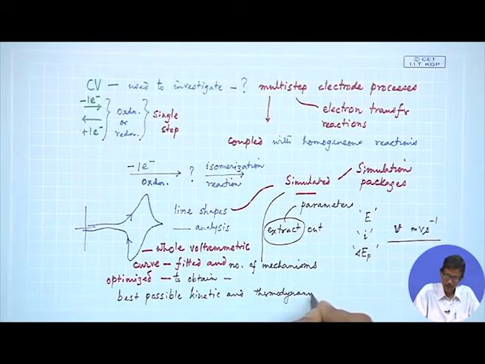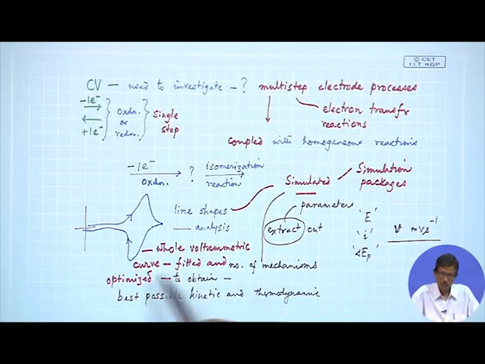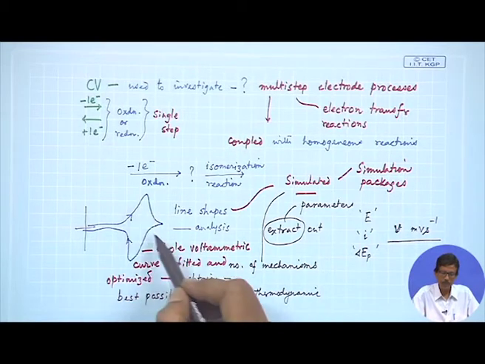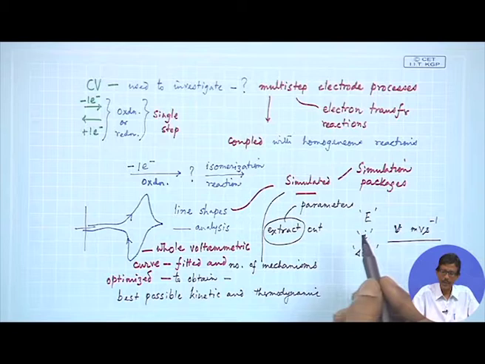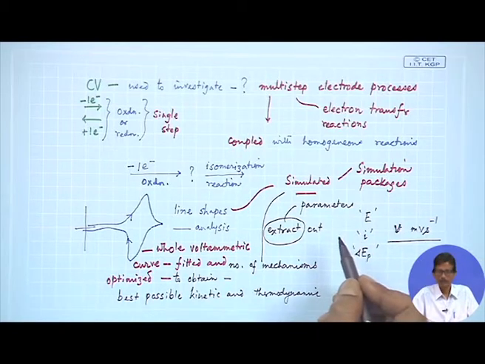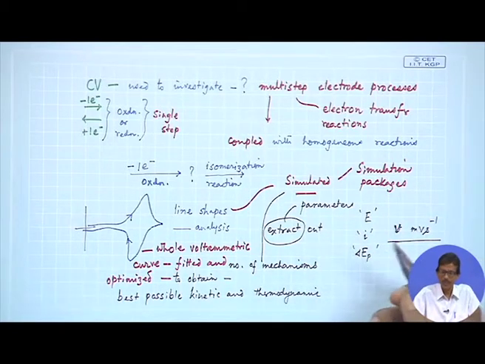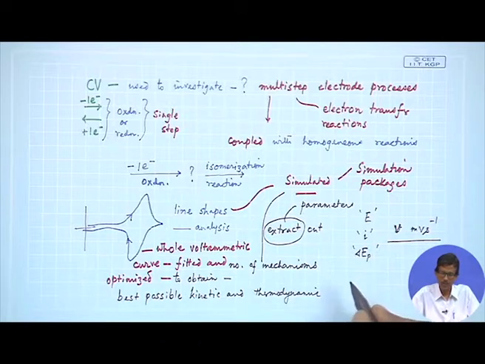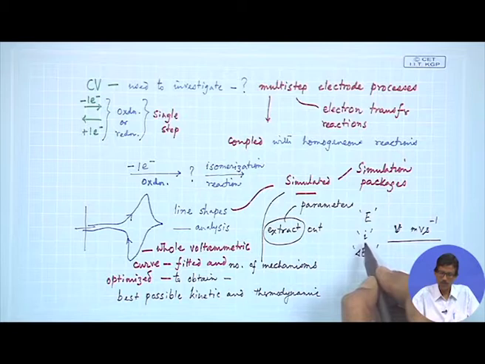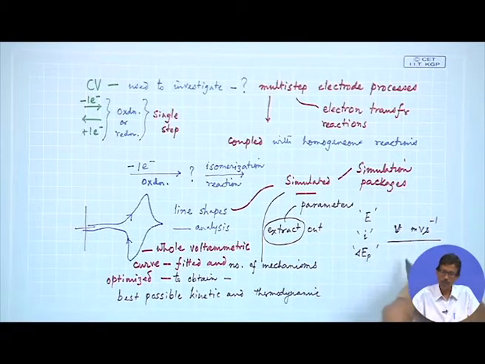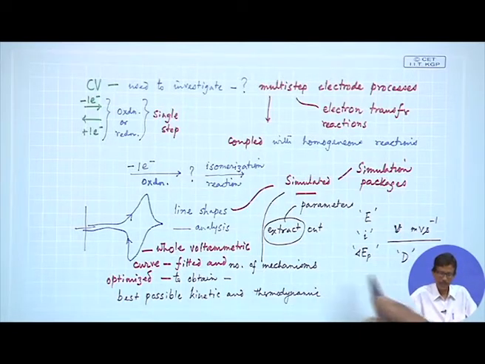In doing so, we fit some equations, starting from the Nernst equation, then the Ilkovic equations, and all these different equations can be established. Once we establish these in terms of either the current or the potential, we can extract many other parameters like the diffusion coefficient we discussed earlier.